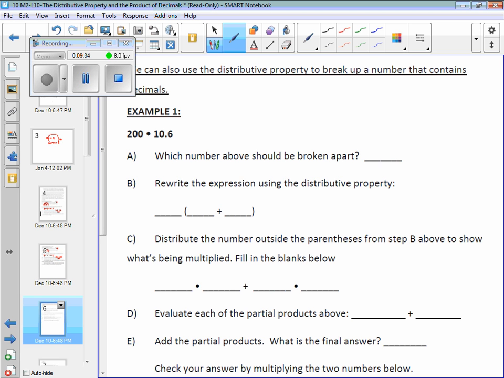Oh, right, 10.6. 200 goes outside. And now what do you break up 10.6 into? What plus what? 10 plus 0.6. Works for me.